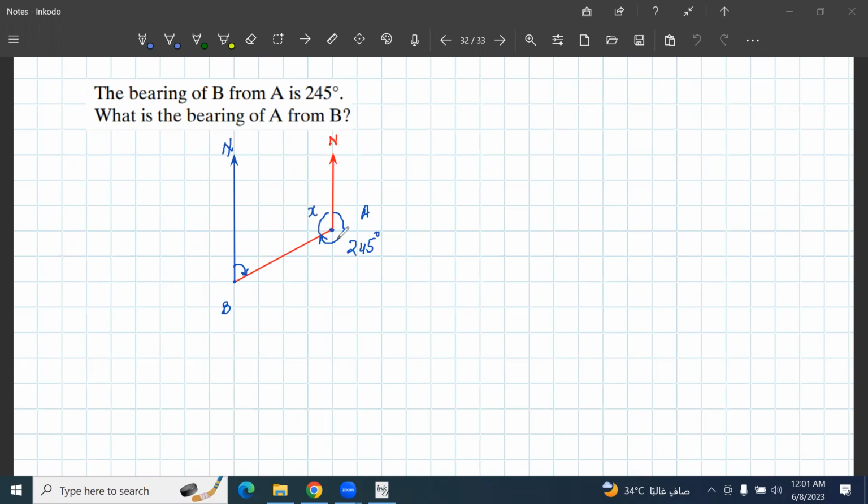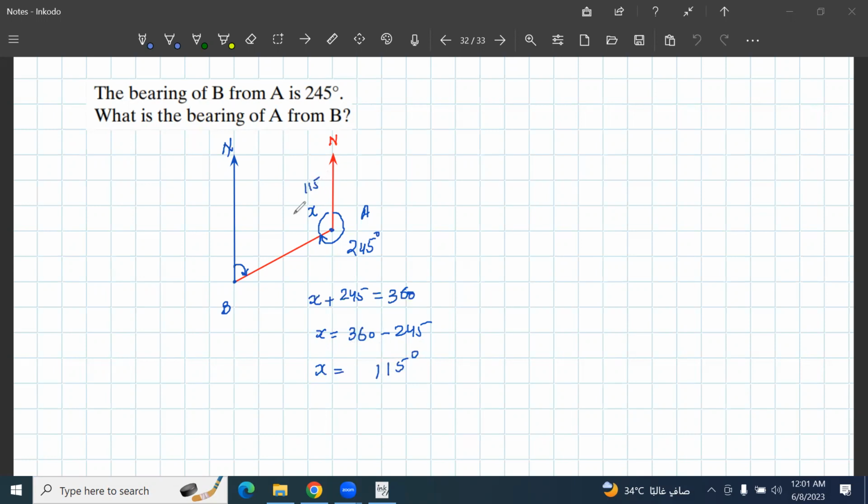Consider it as x. It represents a full circle, so x plus 245 equals 360, and x is equal to 360 minus 245, which gives us 115.